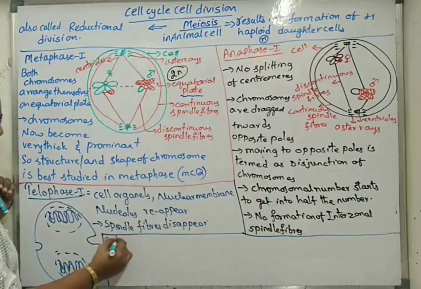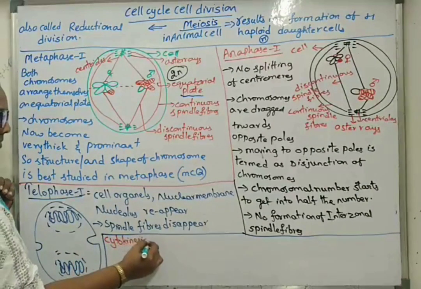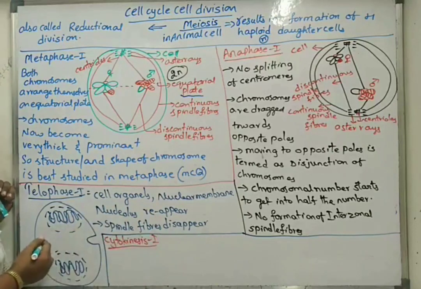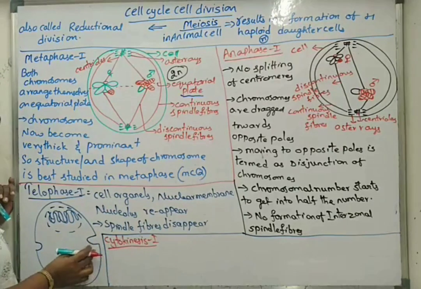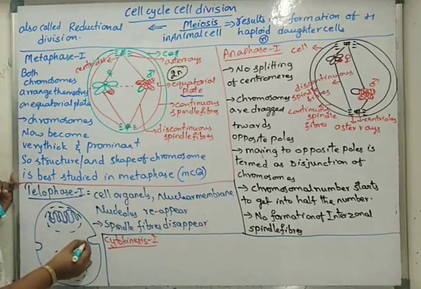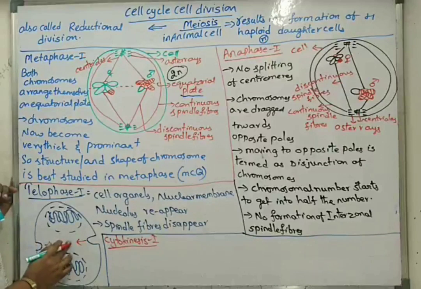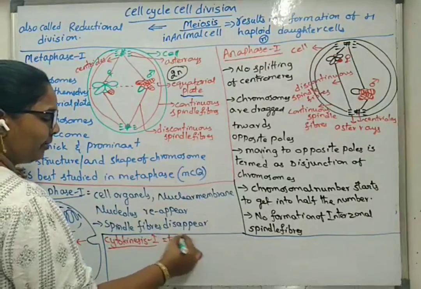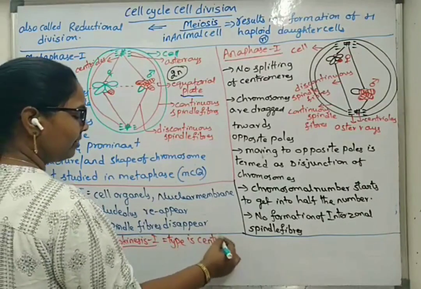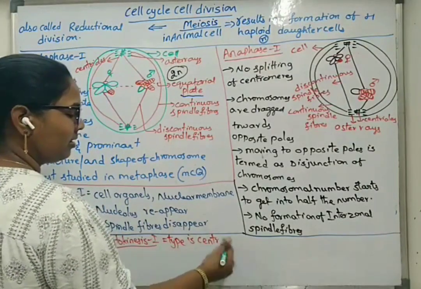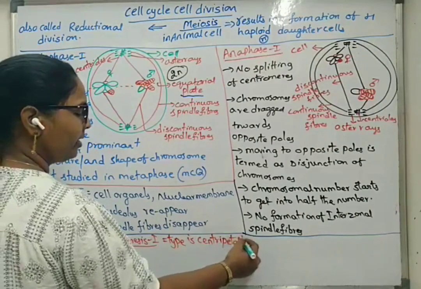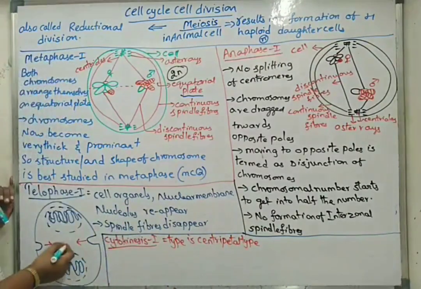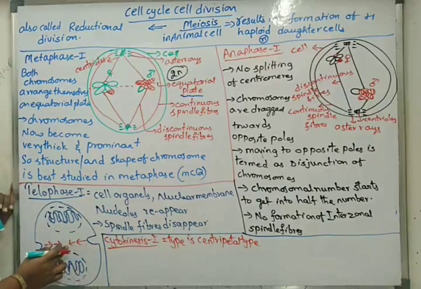So we'll see cytokinesis 1. During cytokinesis, if it is an animal cell, cytokinesis will be by the process of invagination. So here this invagination will be protruded towards the central region. So the type of cytokinesis is centripetal type, a constriction which is moving from the periphery towards the central region by invagination process.